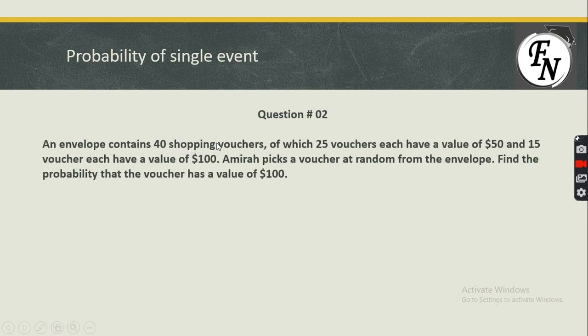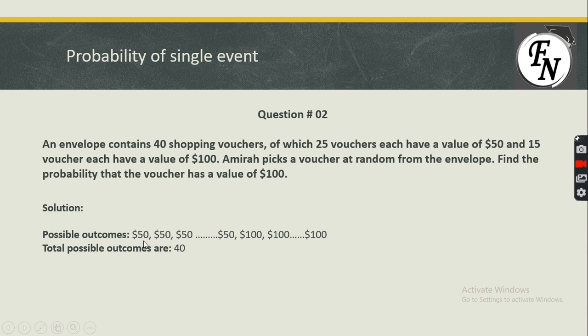Now discussing another question: I have an envelope of 40 shopping vouchers, out of which 25 vouchers are of $50 and 15 vouchers are of $100. I need to find the probability of picking a voucher of $100. So I have the sample space as $50 vouchers, 50, 50, 50, and I have put a dot over here because I cannot write so many vouchers.